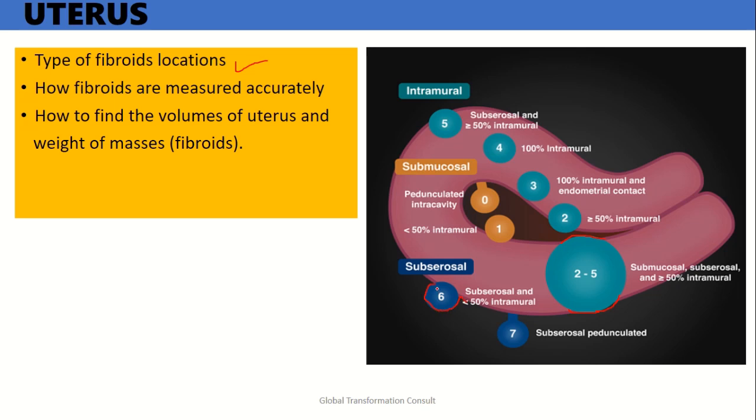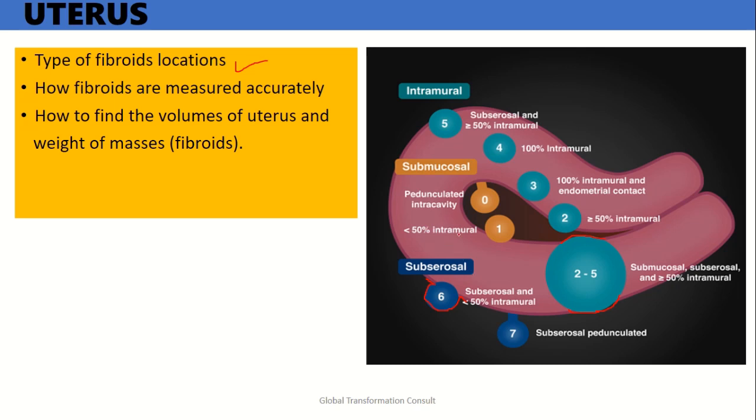So that's how you see it this way. And at the same time, less than 50% intramural, slightly in the myometrium. So this subserosa is a typical example of subserosa fibroid.